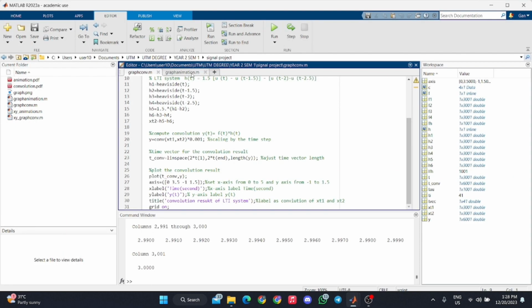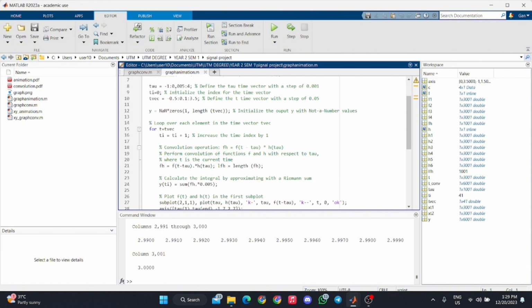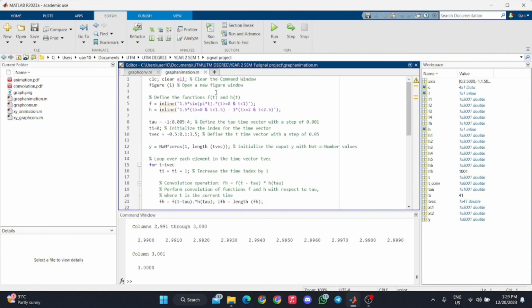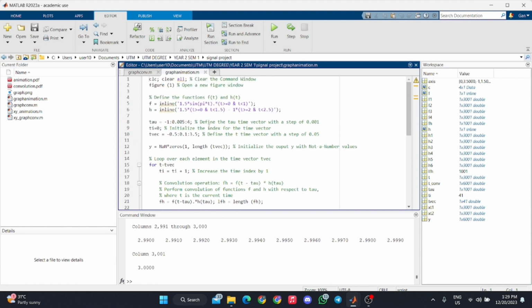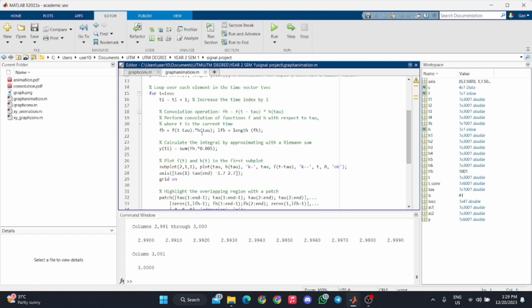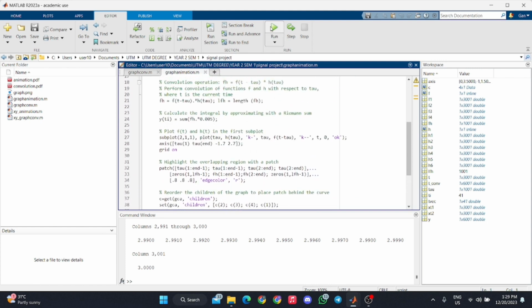So let's now look at the animation. Here we can have a look at the animation. All the things I have explained through the comments, so we can have a look. Now we run.